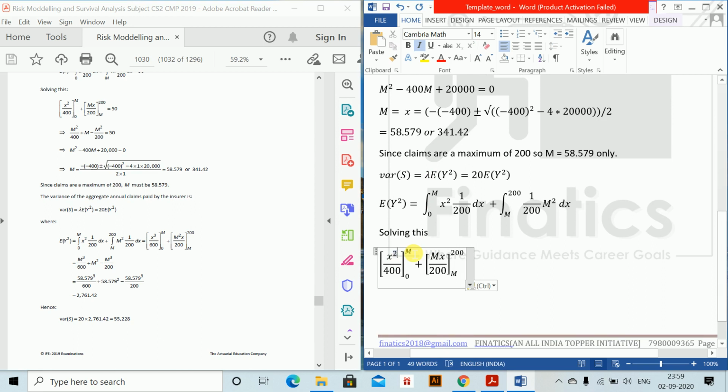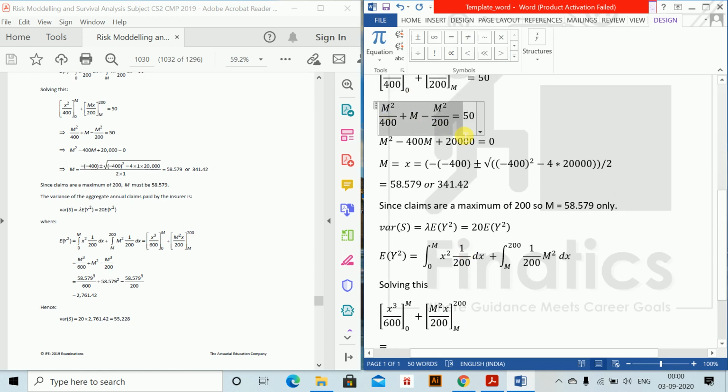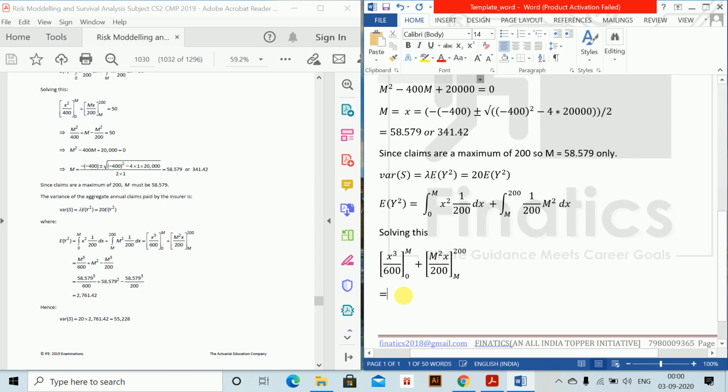Solving this, we have expectation of X cubed divided by 600 now, and here also M squared, divided by 200 times M. So this is equal to M cubed divided by 600 plus M squared minus M cubed.